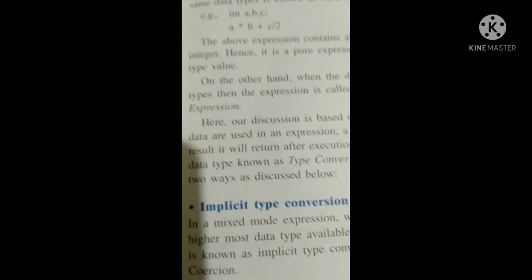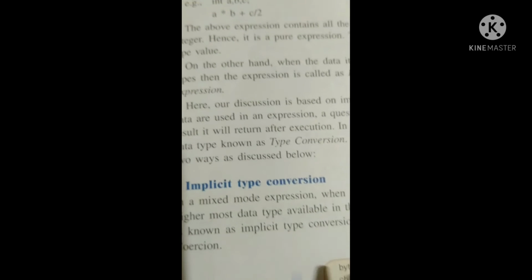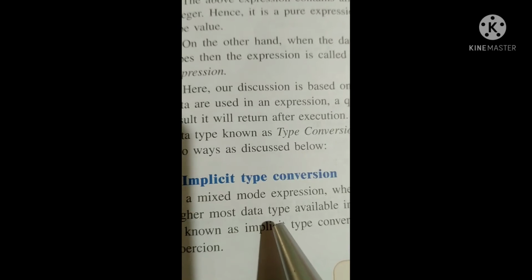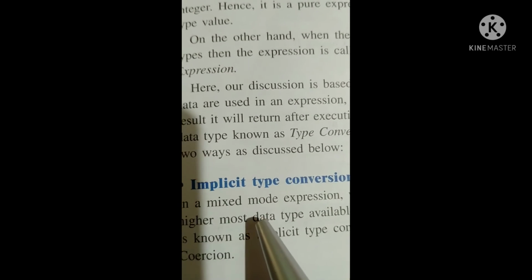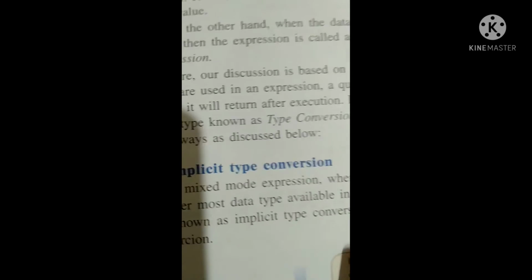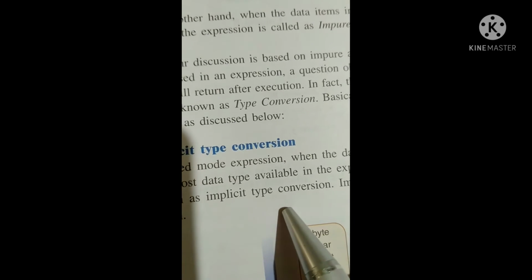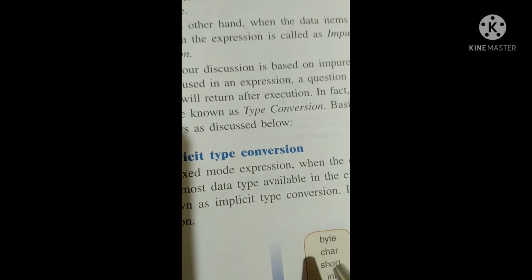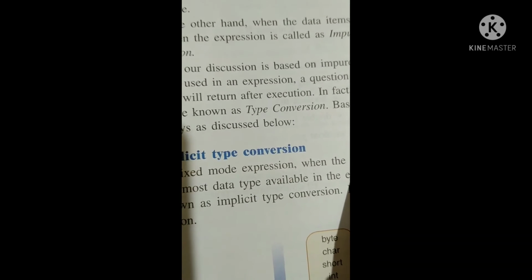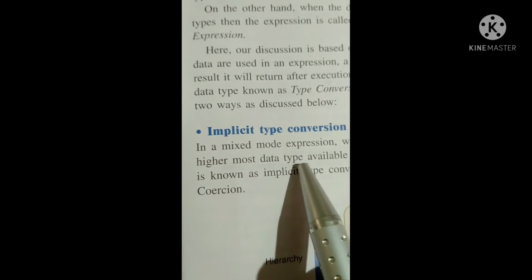Okay, so implicit and explicit, there are two types of data conversion. When we write any expression or statement, then that arithmetical calculation is completed by itself in implicit type conversion, either it may be a single data type or mixed data type. The value will be executed in the highest data type.